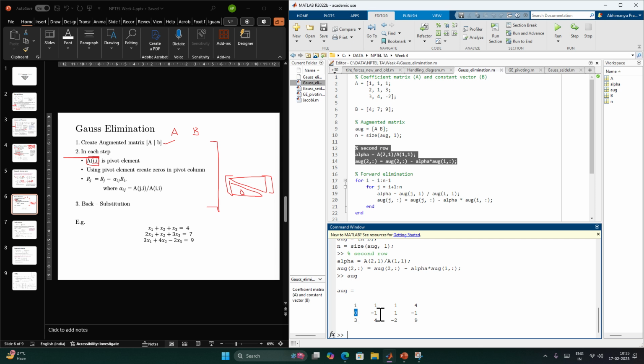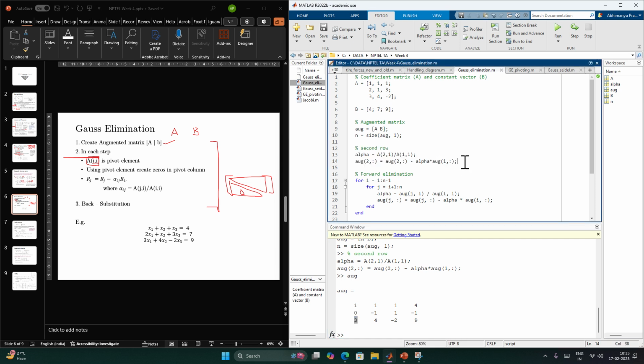Now I need to make the first element of the third row 0. Okay. So similarly, I will do it for the third row. So my alpha would be A3 comma 1 divided by A1 comma 1, and I will change the third row.